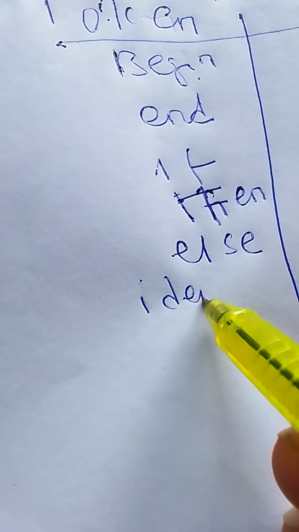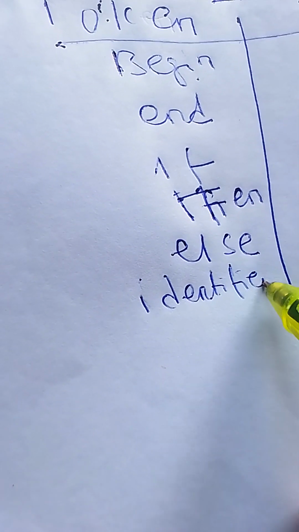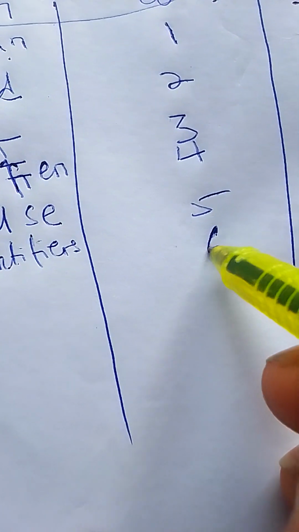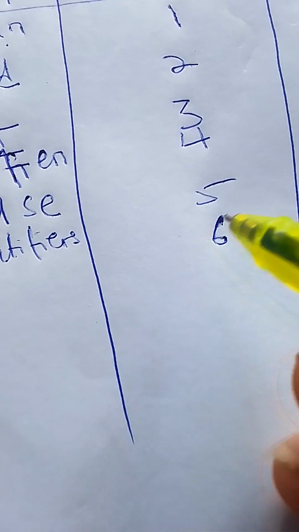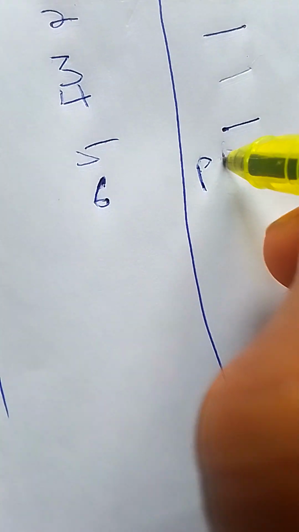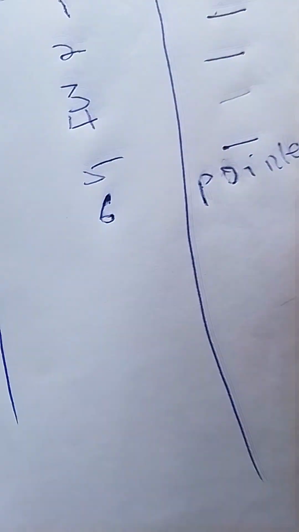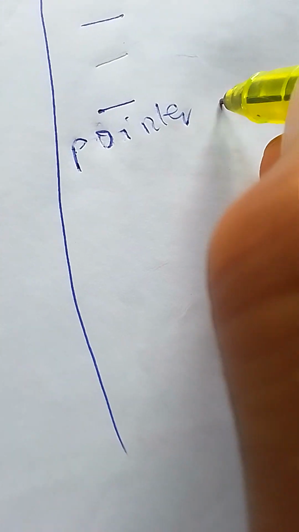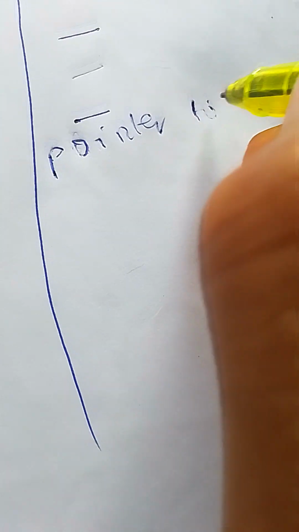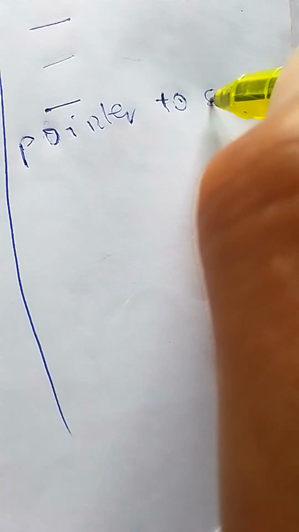We have identifiers, which I have mentioned. The code is 6, and the value is a pointer to the symbol table.